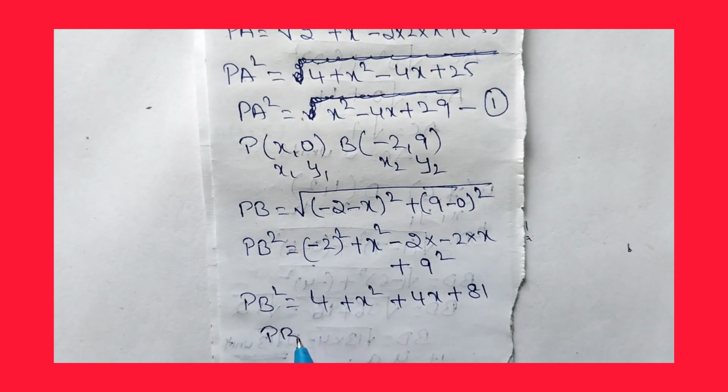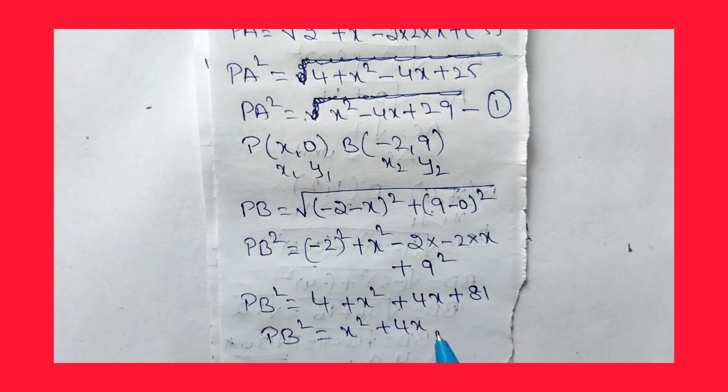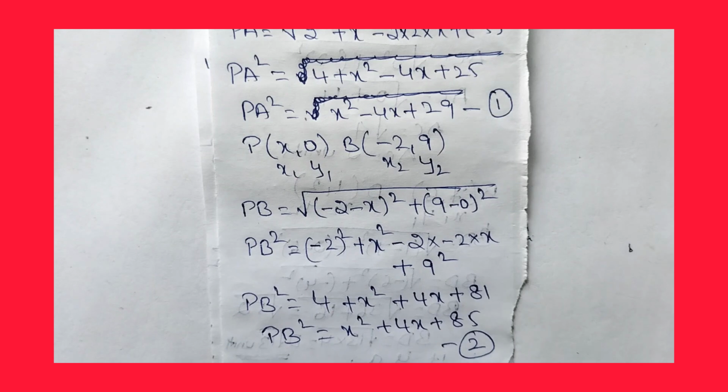So PB square is equal to x square plus 4x plus 81 plus 4, that is 85. Call this equation 2.